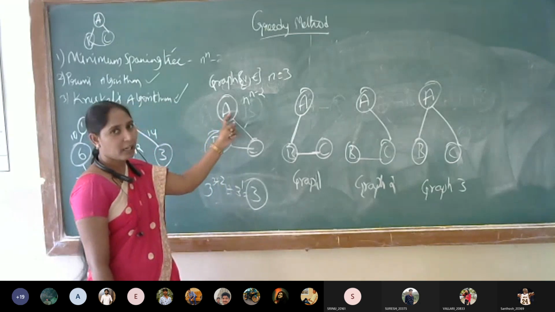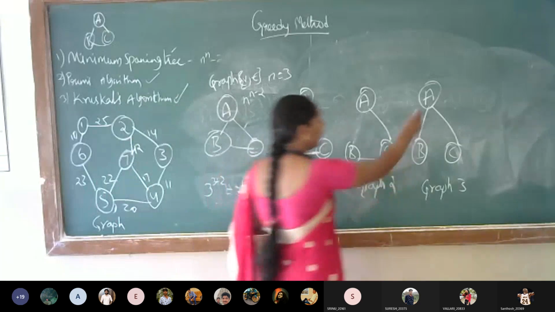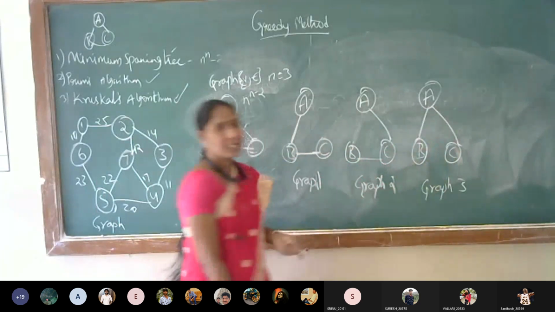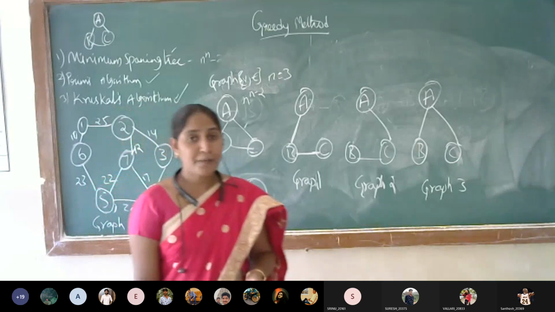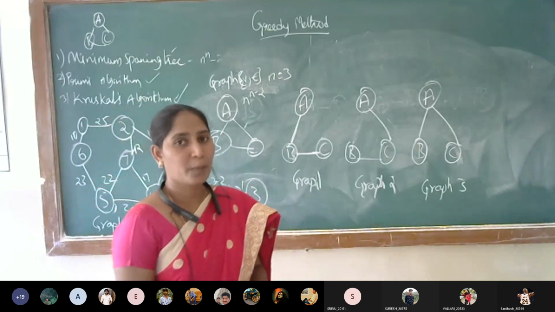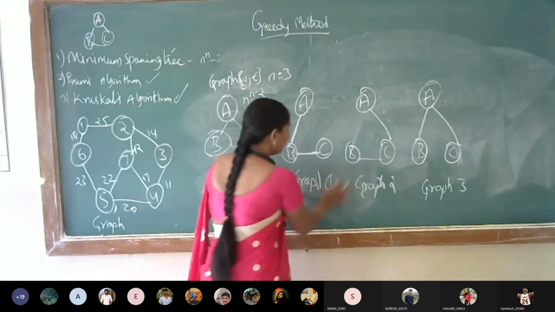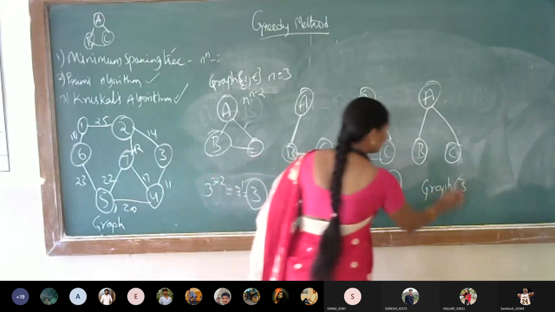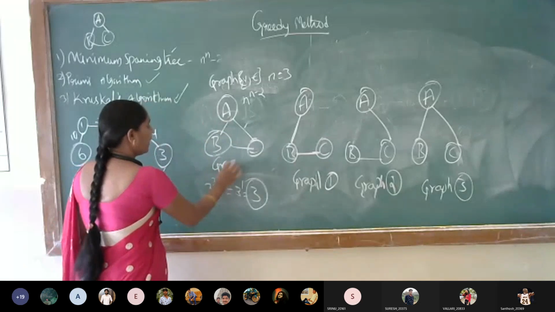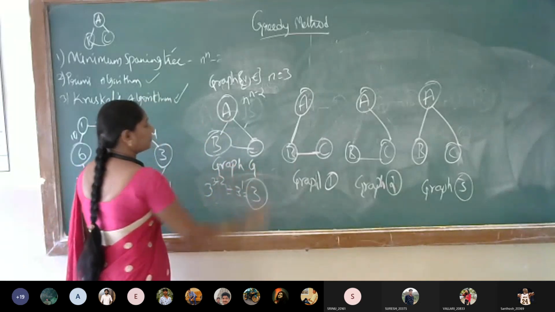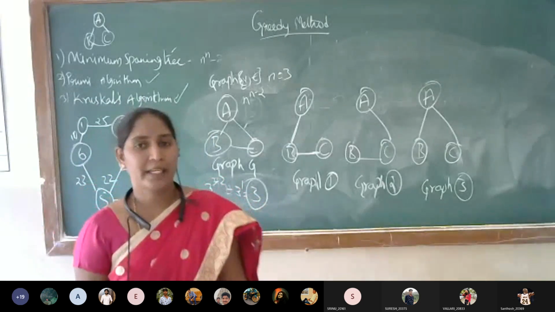Directly I can visit the third graph: A to B and A to C. So these are the 3 different graphs I can generate for this particular spanning tree. This is the first graph, this one is the second graph, and this one is the third graph for the first basic graph G. Okay, this is about the construction of the spanning tree.